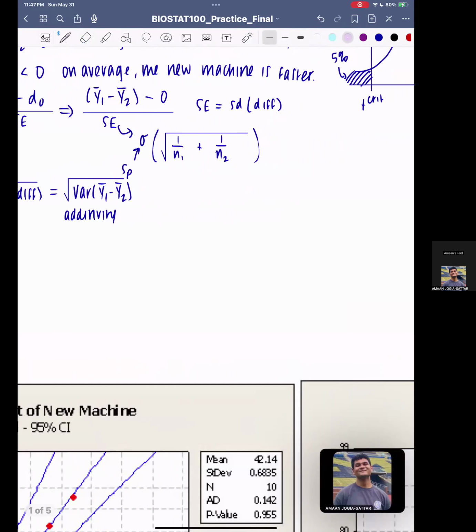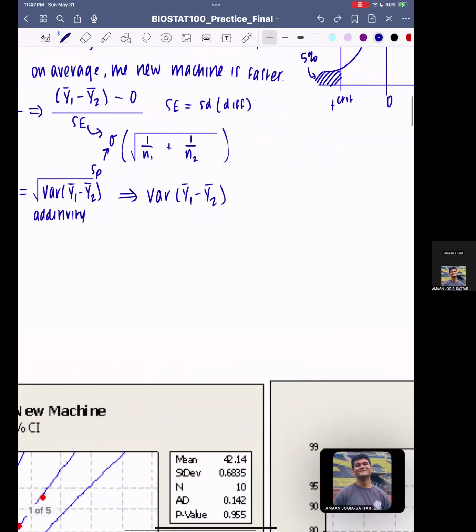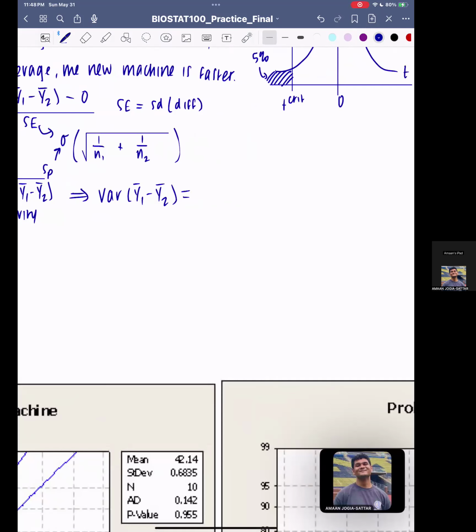And this goes the same for if there was a plus here, but anyways, it would be the exact same result. It equals variance of y1 bar plus variance of y2 bar, so the sum of their individual variances.